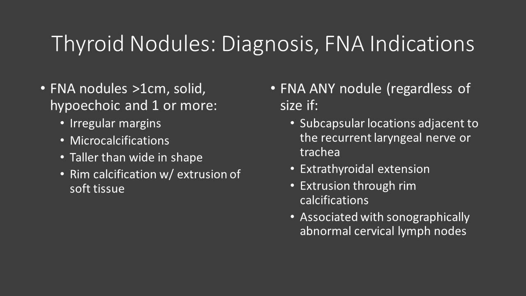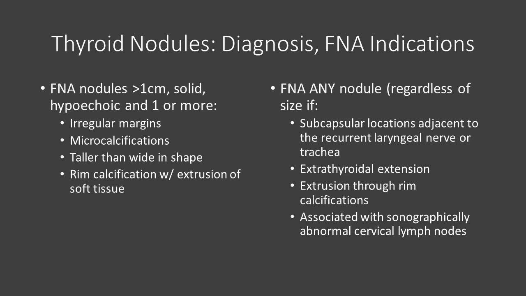If it's abnormal, if this cyst is round, right? Well, if this is taller than it is wide or has calcifications, if it has extrusion of soft tissue, so it has displacement of soft tissue, all those things are bad. Regardless of the size, so size does not matter. Again, I will say size does not matter.